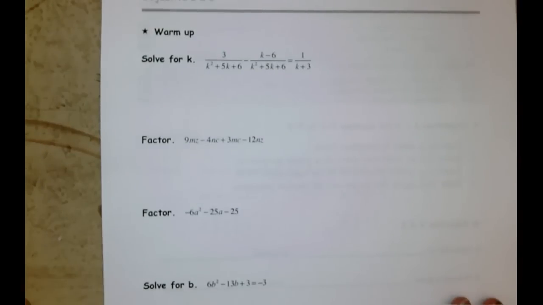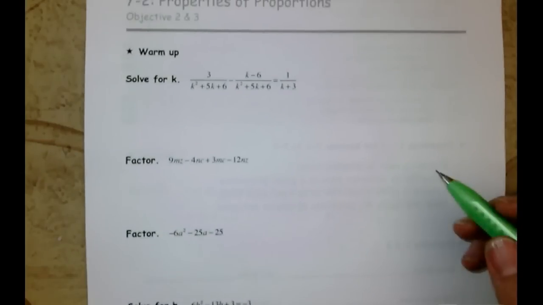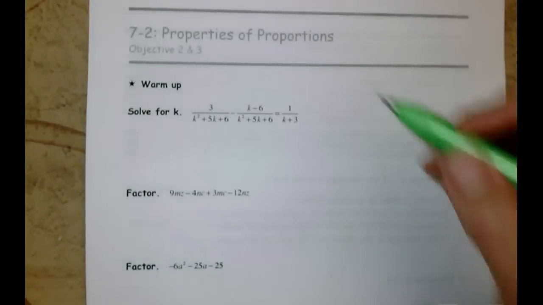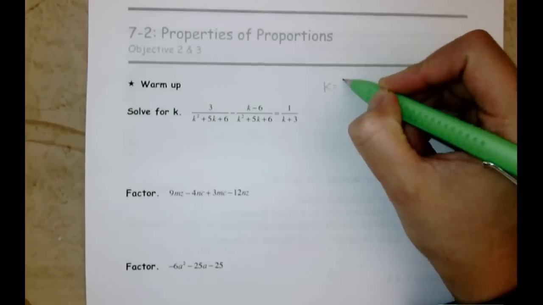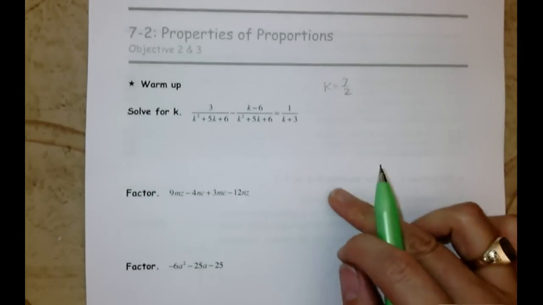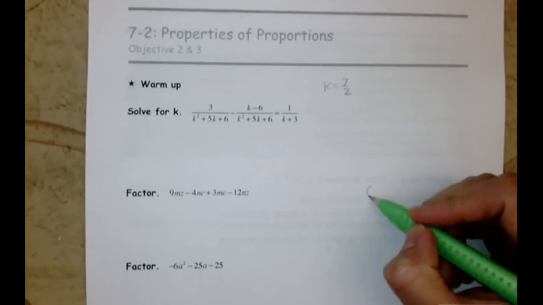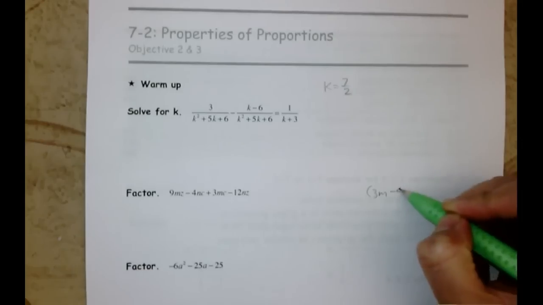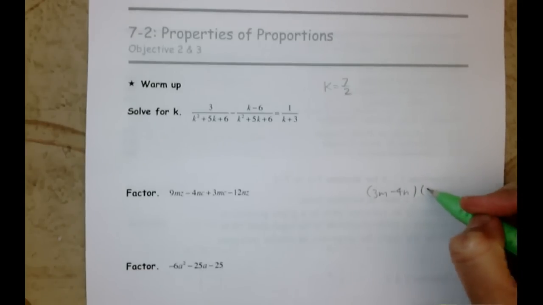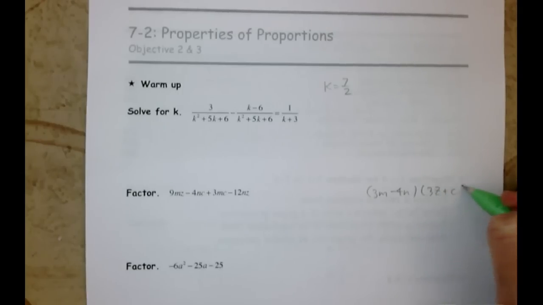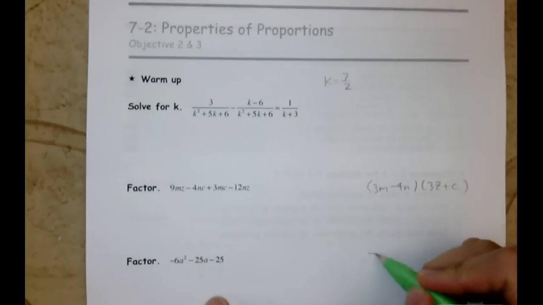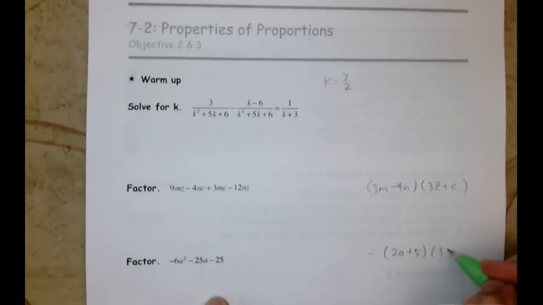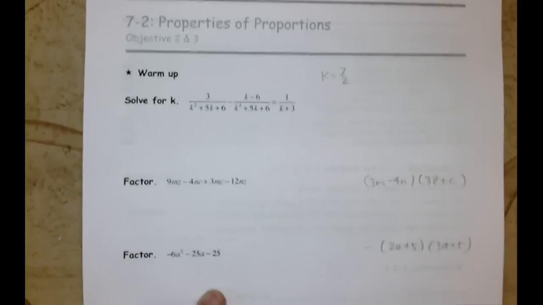Okay, all right, so you assume that you stopped and you came back, and if you just want to fast forward, this one, the answer is k equal 7/2. This one, you get 3m minus 4n and 3z plus c. And this one, you get minus 2a plus 5, 3a plus 5, okay?